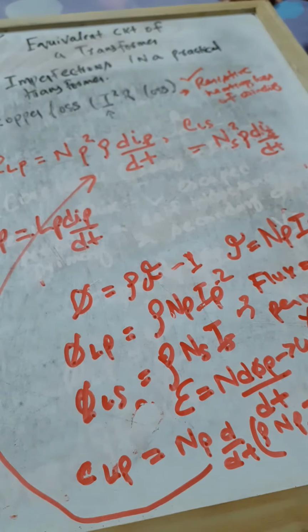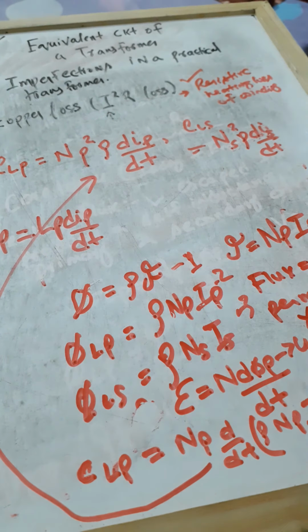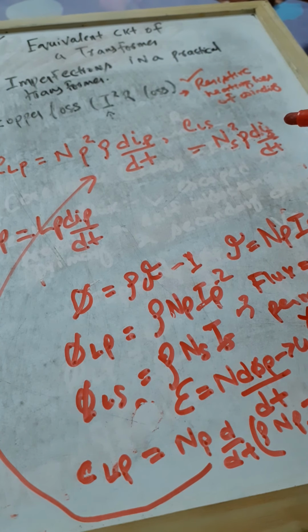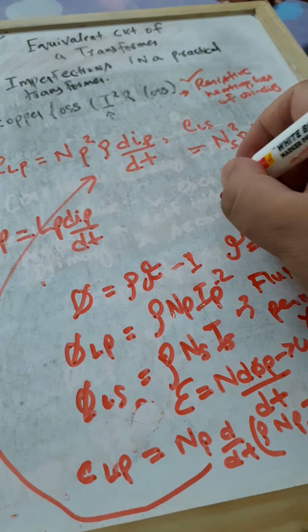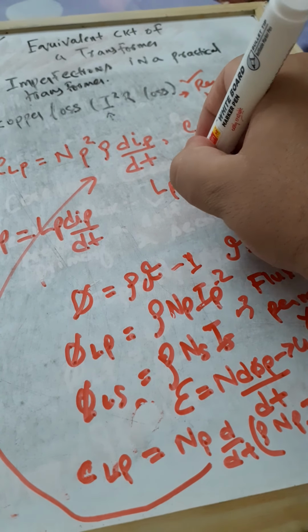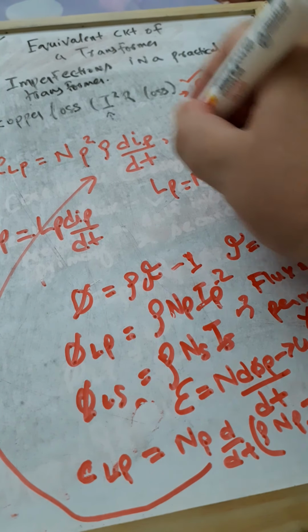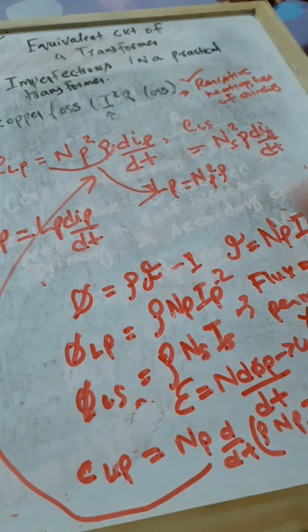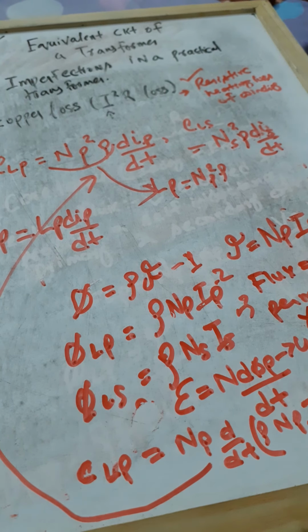So the LP term you can represent in terms of NP square into permeance. So your LP would be NP square into permeance, rest is same. Similarly, LS would be NS square into permeance, and rest would be same.